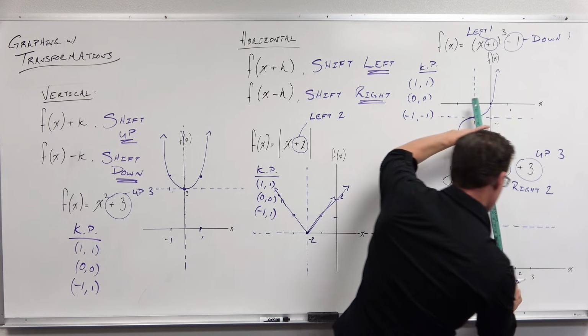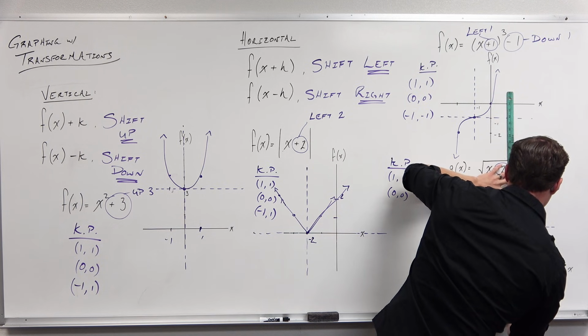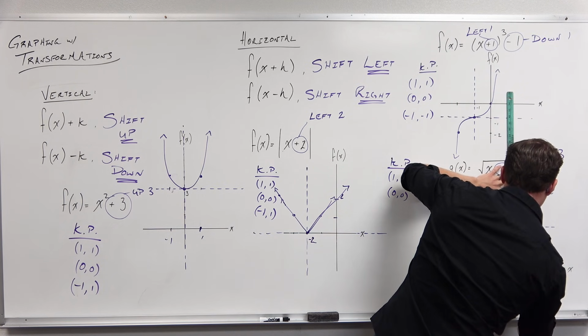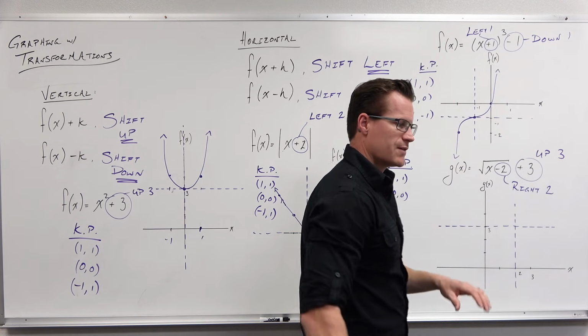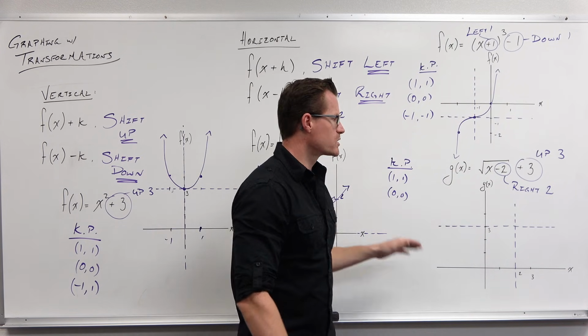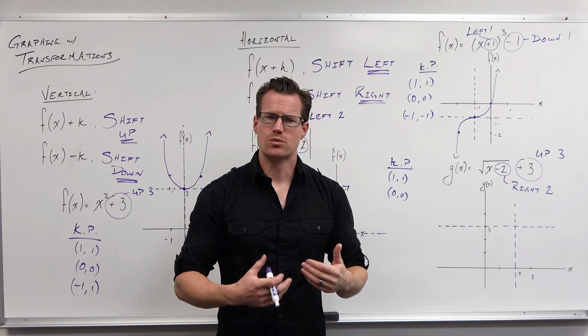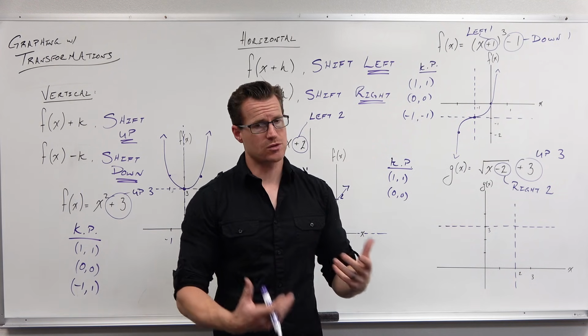So up 3, right 2. Even though that's not actually on your graph, and even though my key points when I shift them are going to be different points on your graph, it's a really nice way to get where this graph is, what this graph looks like.